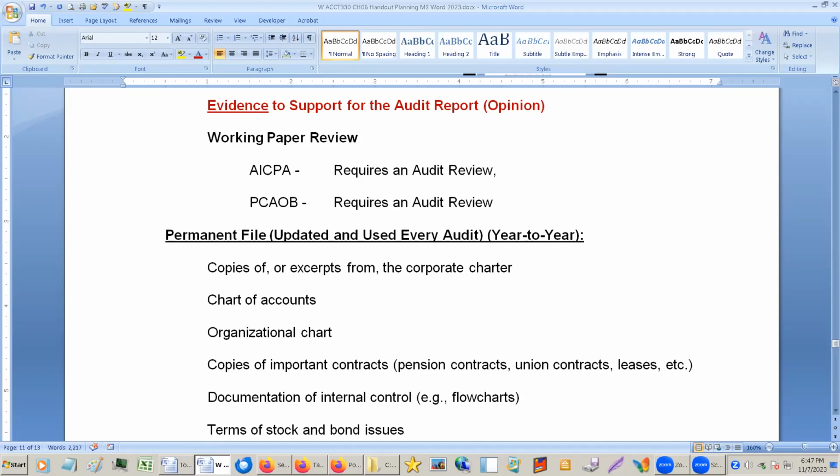The AICPA allows it to be done after the audit report is issued. The PCAOB requires it before the audit report is issued.